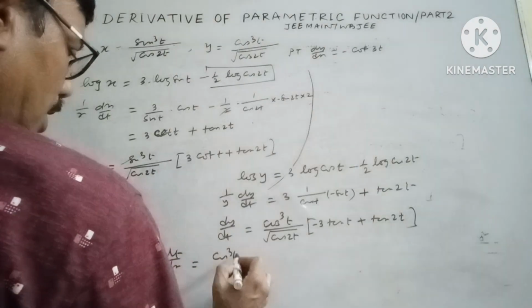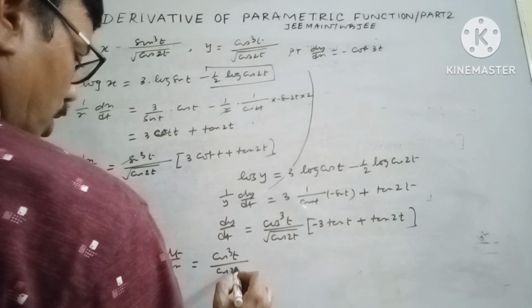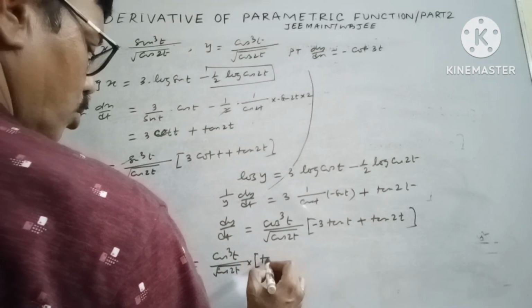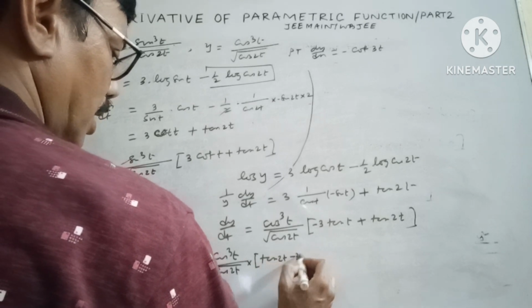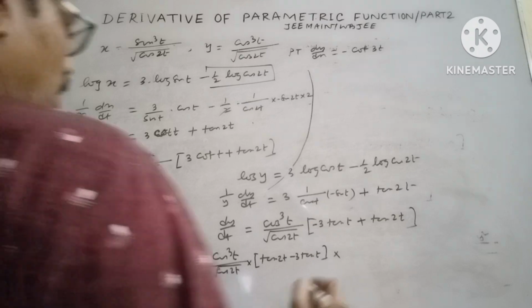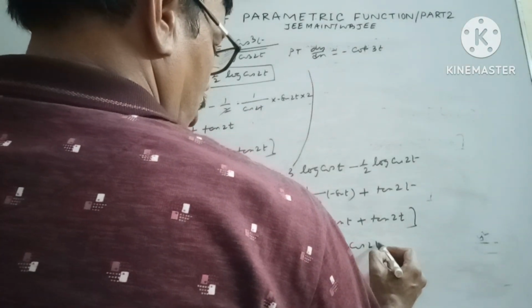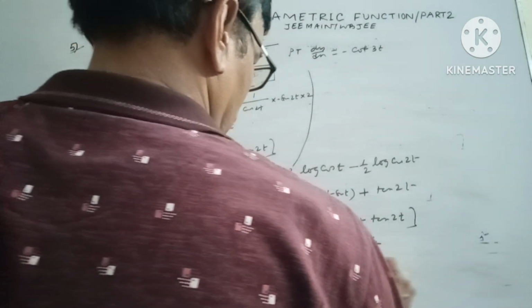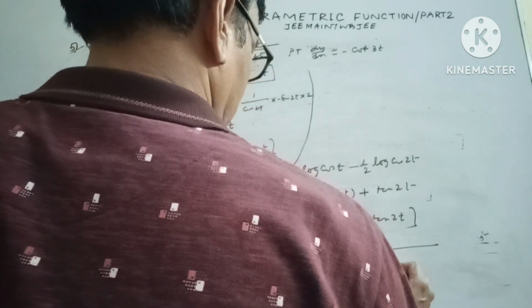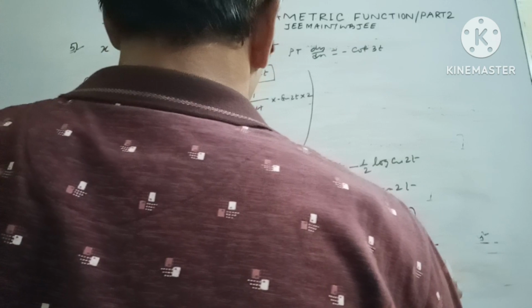So cos cube t by root over cos 2t into tan 2t minus 3 tan t, into, this will be the reciprocal, root over cos 2t by sine cube t, 3 cot t plus tan 2t.